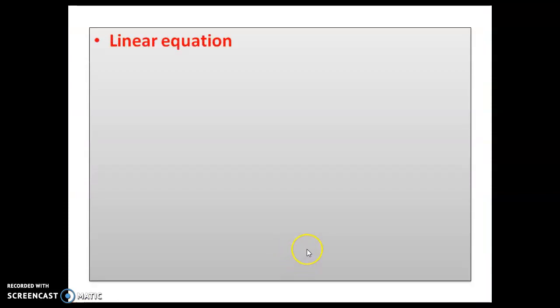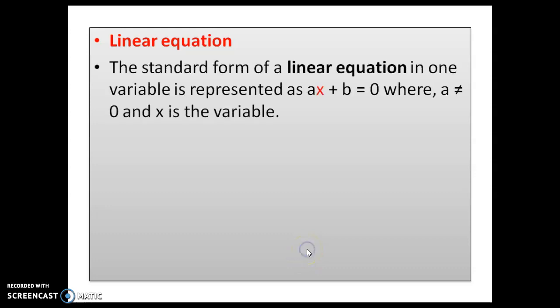Now coming to linear equation. When can we call an equation a linear equation? The standard form of a linear equation in one variable is represented as ax plus b equal to 0, where a not equal to 0 and x is the variable. So this is the standard form of a linear equation.